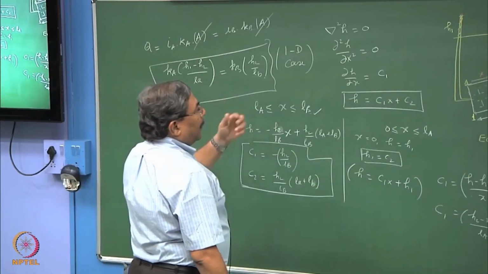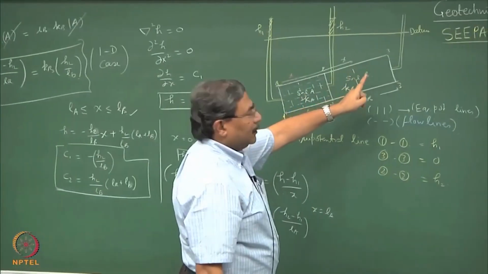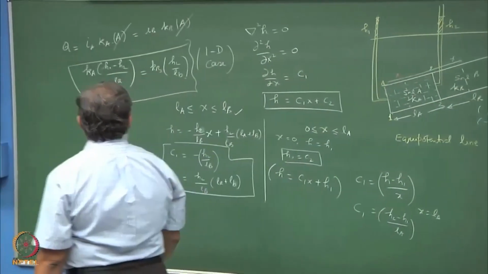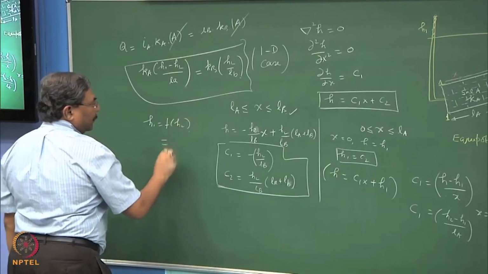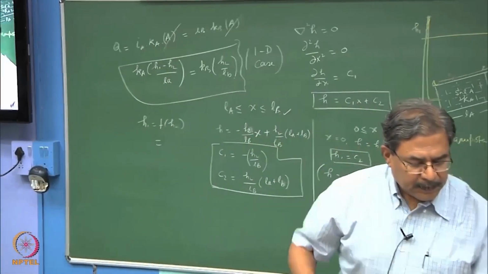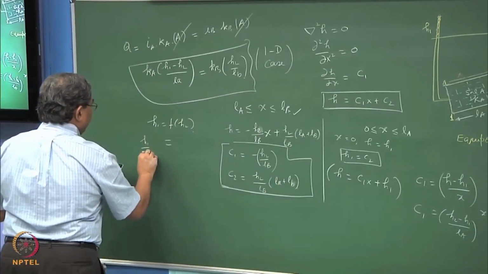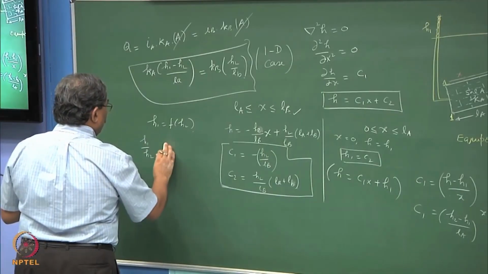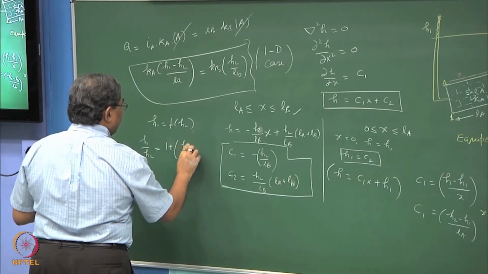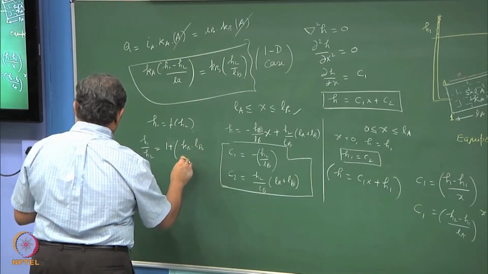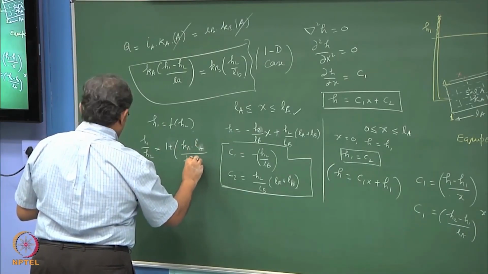So, the principal unknown is h, because I do not know what is the variation of h along the flow path. So, from here I can get H1 as a function of H2, and if you solve this expression, you will get H1 upon H2 equal to 1 plus Kb into LA upon Ka into LB.